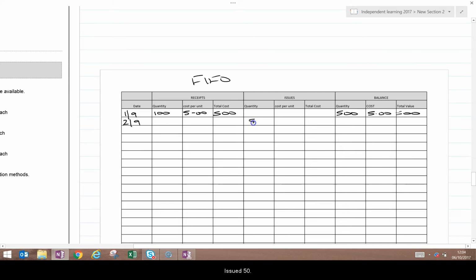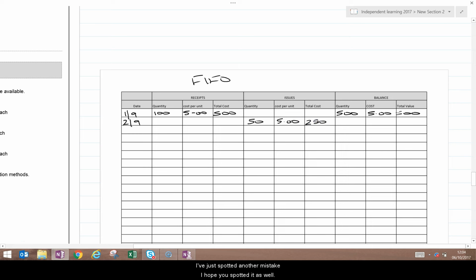We issued 50. Now we're using first in, first out, so the price we issued them out at is the price of the first delivery that came in. And if we look at our first delivery, it was £5. So we issue them out at £5, so that works out at £250.